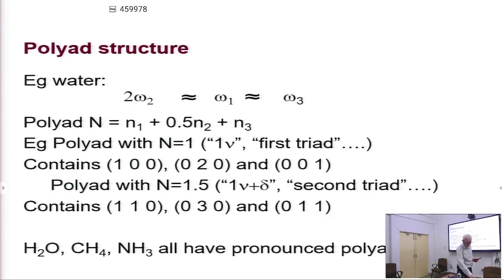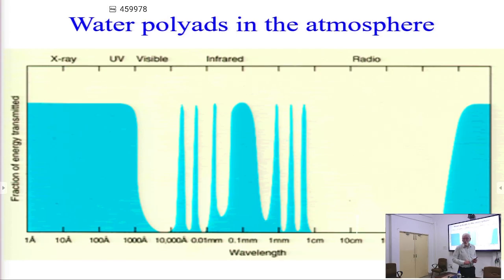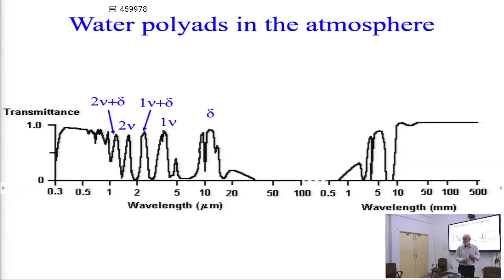A consequence of that in the Earth's atmosphere, you've already seen this picture, and I vaguely said that you get these interruptions in the infrared. They're virtually all to do with water. And they actually are the polyad structure of water. So the clumps are not single vibrational modes, they're lumps of vibrational modes put together. So starting at long wavelength, 10 microns, that's just the bending mode. With this funny notation, if you have an odd number of bending modes, it's called delta.